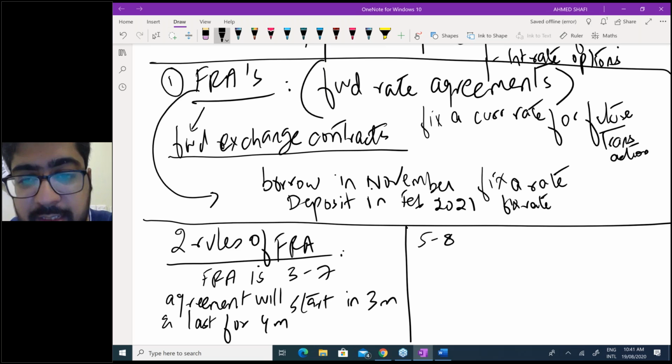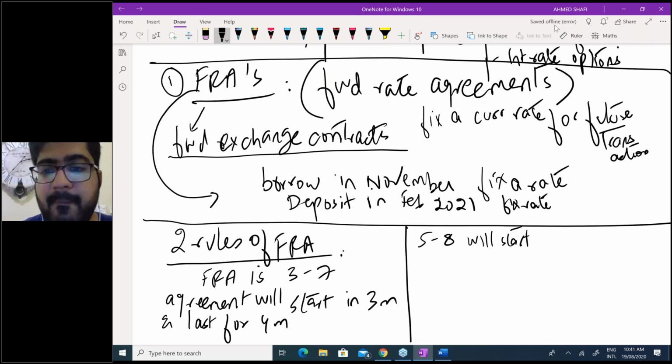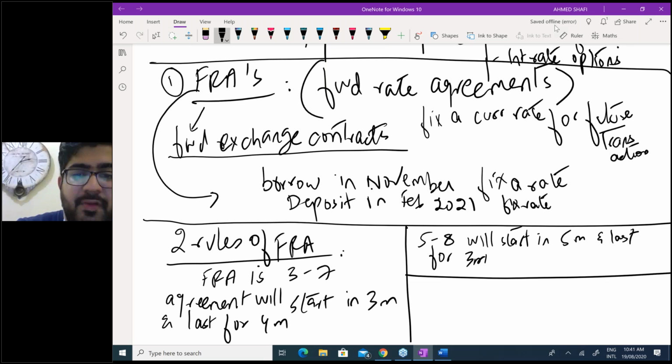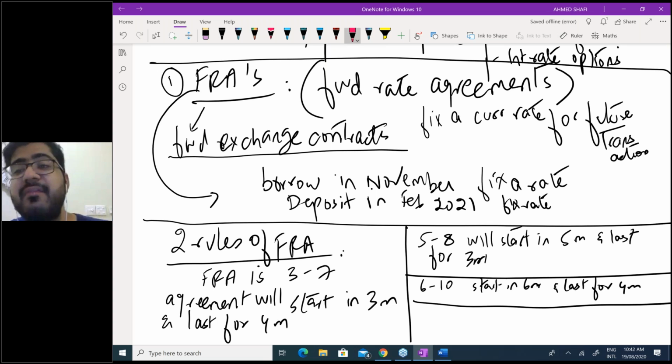This agreement will start in 5 months and last for the gap, 3 months. If someone says FRA is 6-10, it will start in 6 months and last for the gap, 4 months. Okay, this is rule number 1. If FRA is 7-9, it will start in 7 months and last for the gap, 2 months.